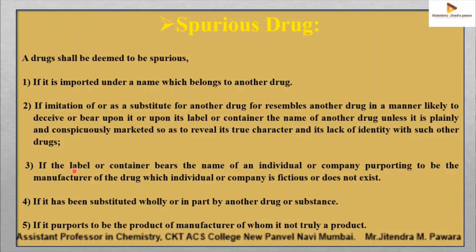The next point is, if the label or container bears the name of an individual or a company purporting to be the manufacturer of the drug, which individual or company is fictitious or does not exist, that drug is also called a spurious drug.